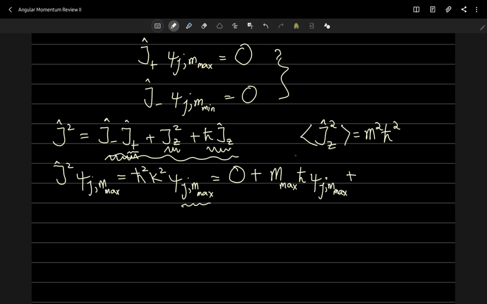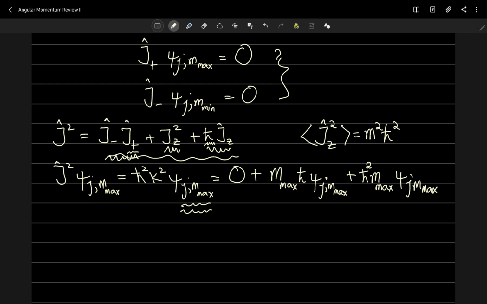We already have an h bar, and jz acts on psi j m max, which gives you h bar m. So h bar becomes squared now because we already had one h bar over here, and then we have m max and psi j m max.